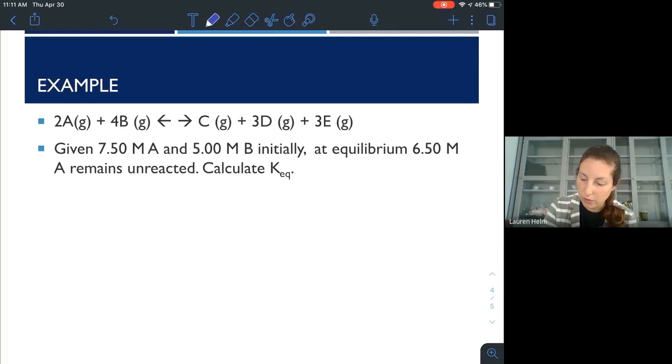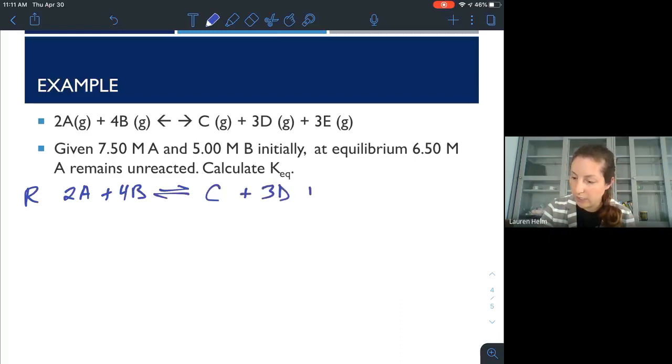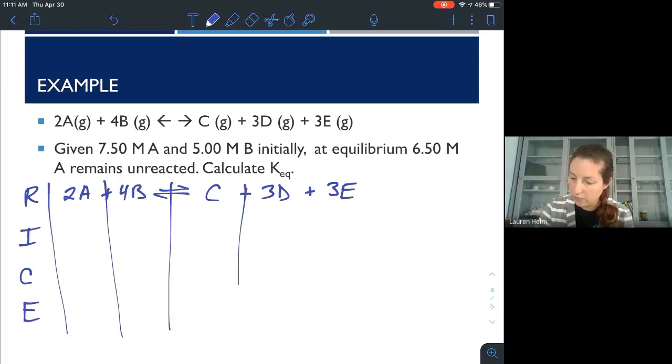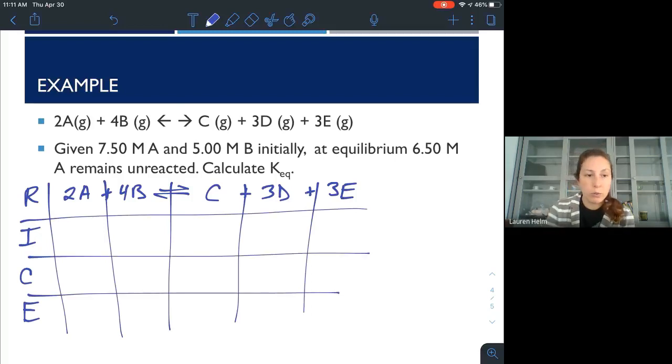We have our reaction 2A plus 4B in a reversible reaction with C and 3D and 3E. Initial, change, equilibrium. Set up my chart. All our basic steps. What do we know? We were given 7.5 moles of A, 5 moles of B, no products yet.